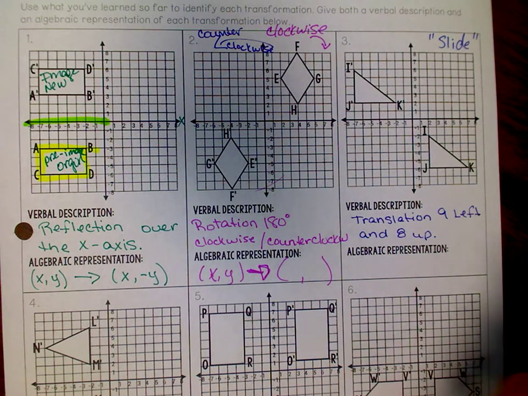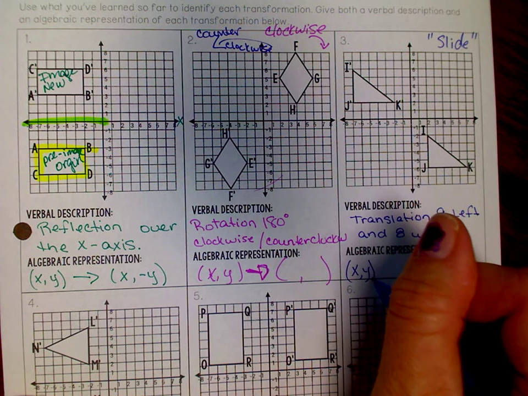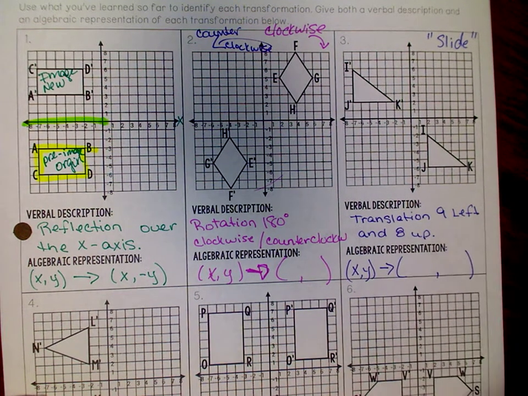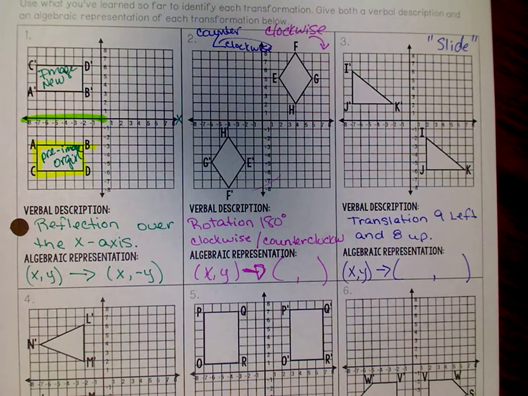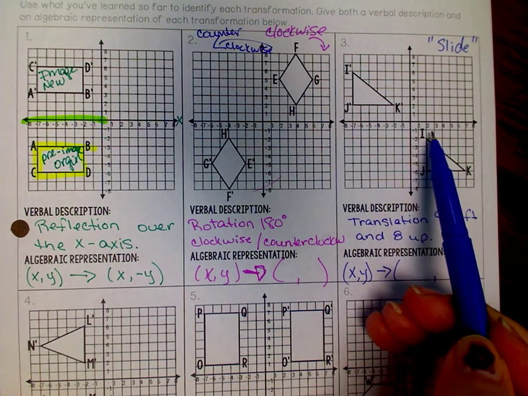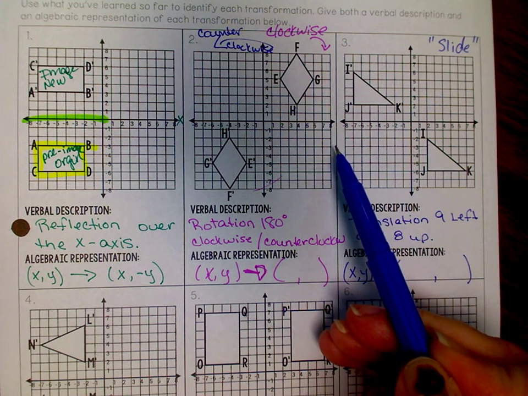So your algebraic expression, your x, y, becomes x minus 9, y plus 8. Because when you move left, that's a negative. If we're moving from here to here, going left, we're getting into the negatives.